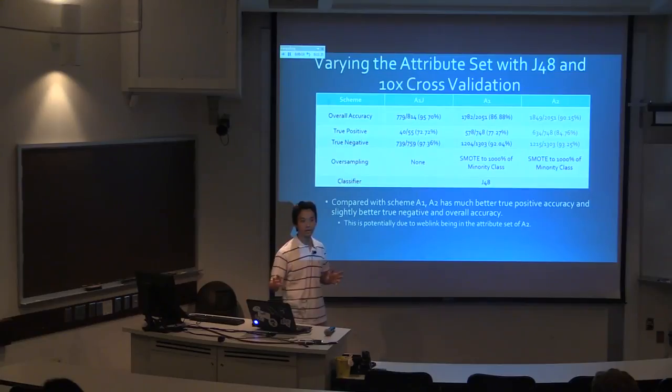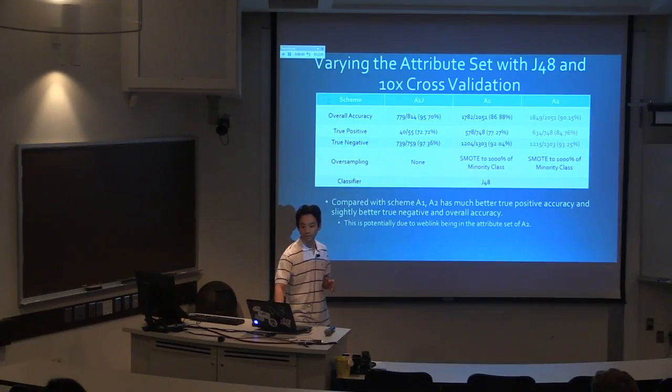A2 has 90% overall accuracy compared to A1, and it does a lot better on the true positive predictions. However, true negative is a little bit lower, and this potentially might be due to WebLink being introduced as an attribute in A2.